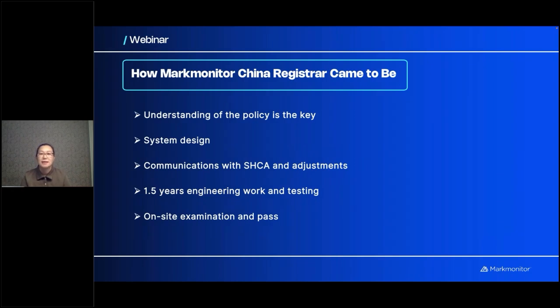Because Markmonitor China is a corporate registrar, the business nature is different from a retail registrar, and Markmonitor China also needs to stay in contact with Markmonitor Inc. The two registrars are not completely independent. They need to talk with each other and share data at some point. So we spent quite some time discussing how we can make that happen and what the system is going to look like, and then we had the initial design.